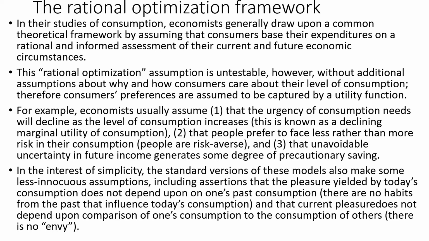Okay, so the rational optimization, this is actually an assumption. Okay, and this assumption is considered to be untestable. Even though this is untestable, without additional assumptions about why and how consumers care about the level of consumption, consumers make certain preferences, and these preferences are assumed to be captured by a utility function, right? Why are we making consumption?